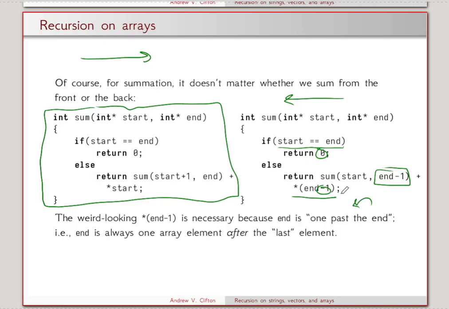So this version works by pulling end towards the beginning of the array, towards start. Whereas this one over here works by pulling start towards the end of the array. Because it's a summation, it doesn't matter what order you do addition in. It's going to work the same whichever way you do it. But it's a little bit interesting that you can work in both directions.